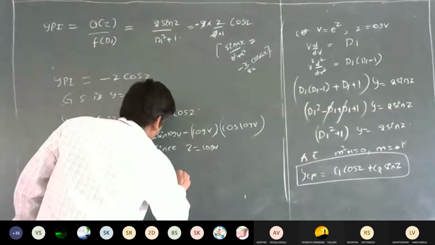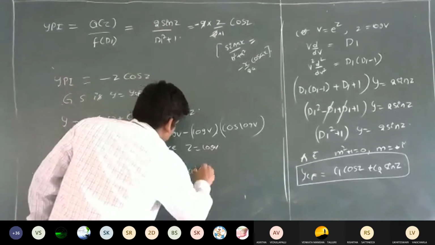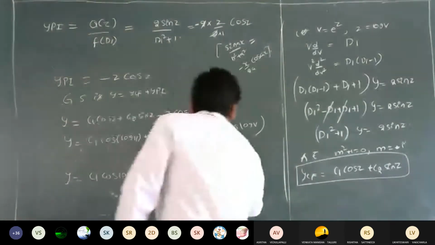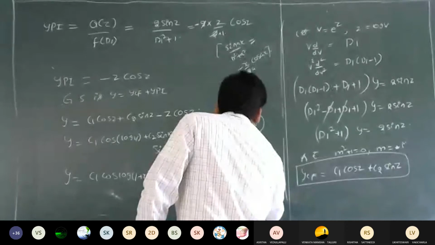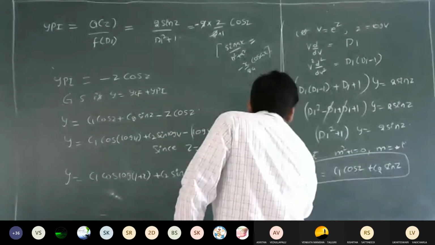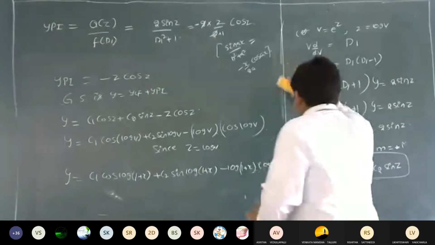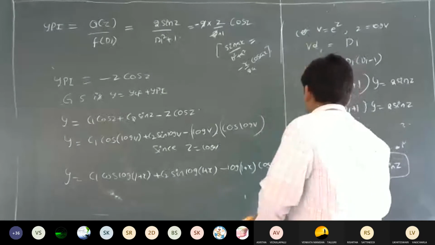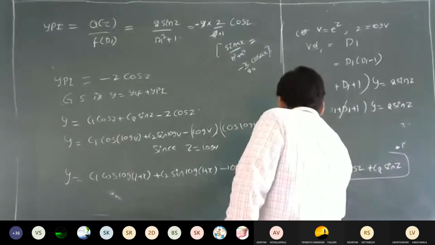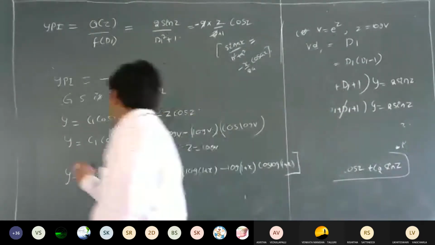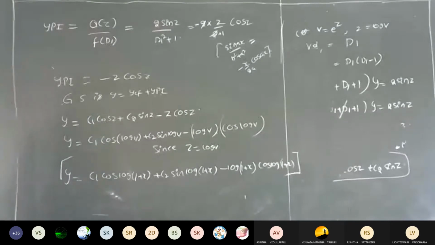Plus sir. C2 into sin of log of 1 plus x minus log of 1 plus x into cos of log of 1 plus x. Right? So this is the general solution.